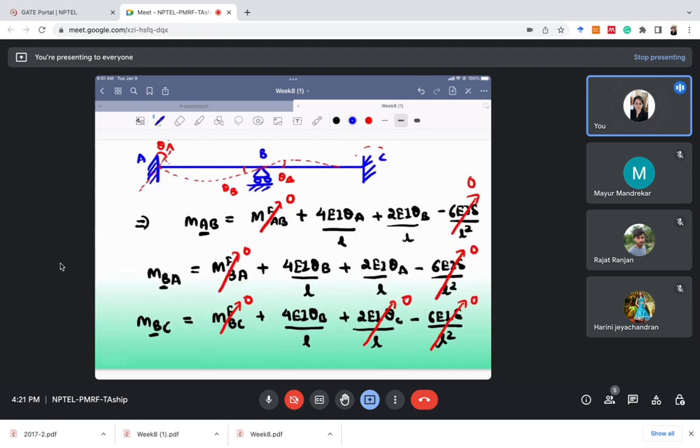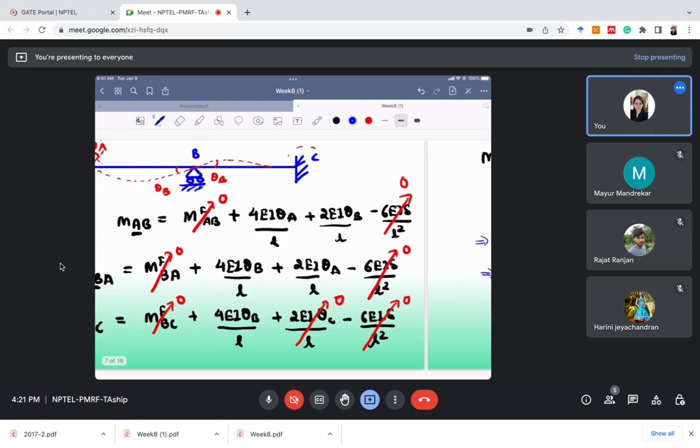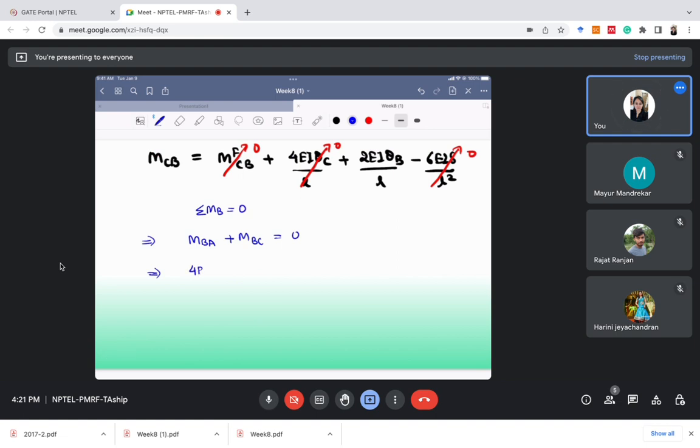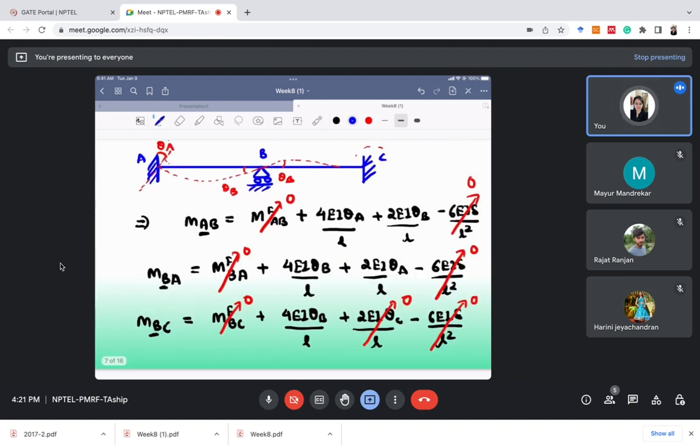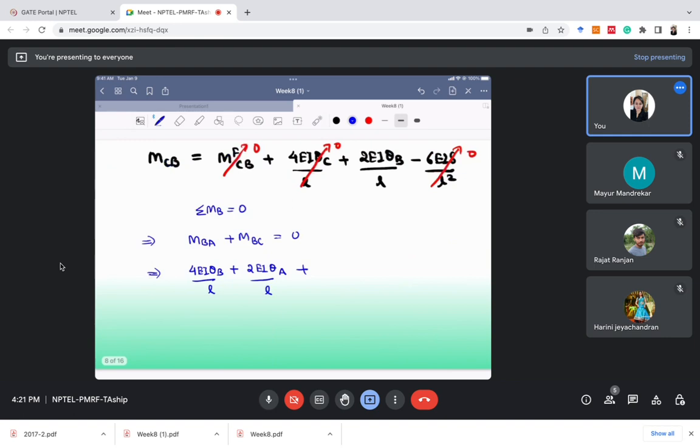MBA is 4EI theta B over L plus 2EI theta A over L. What is MBC? You can also try to solve with me. MBC has only one term, that is 4EI theta B over L.